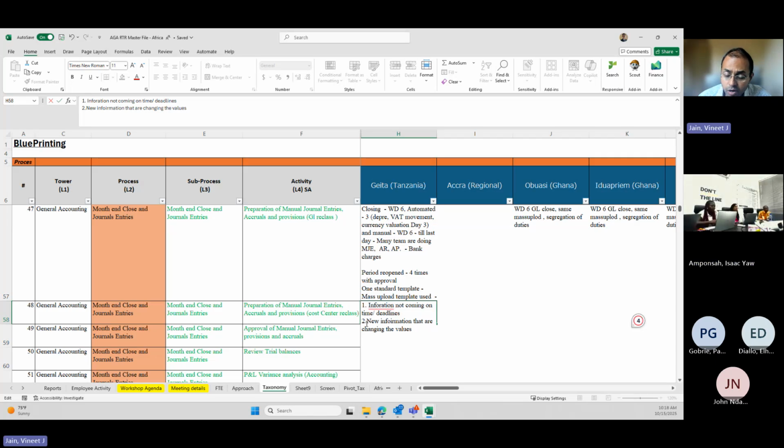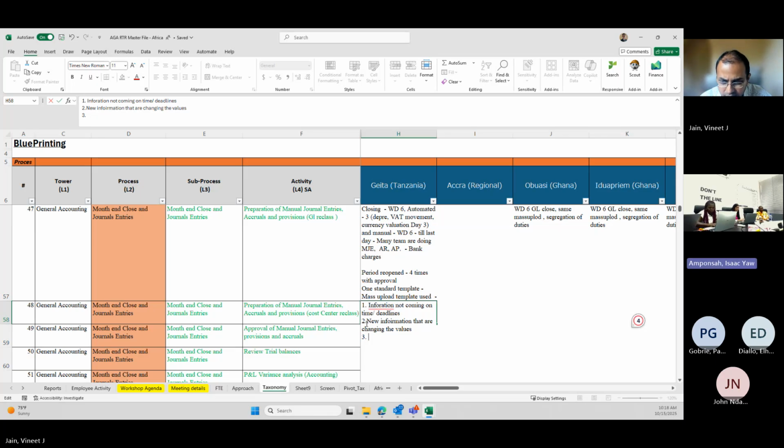Do you have to do a lot of reclassification, meaning correction of the account from there to here, here to there? Those kinds of journals, do you have to do a lot? Yes, but that usually will come from the AP side.